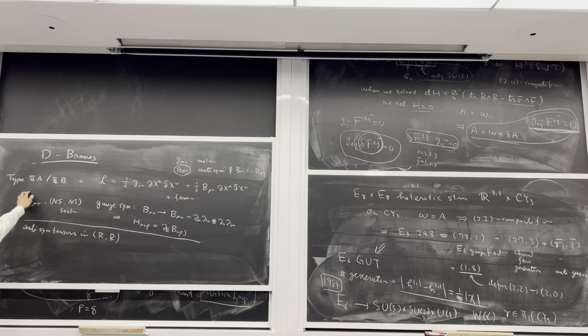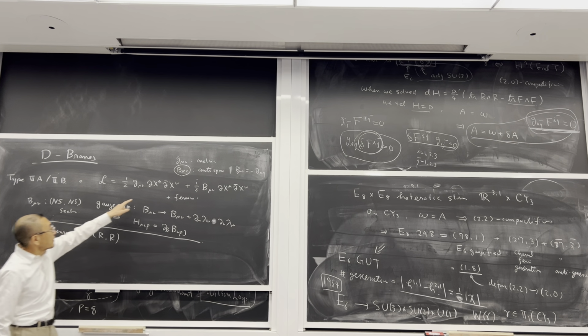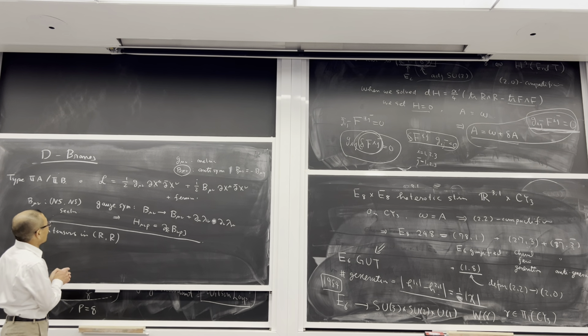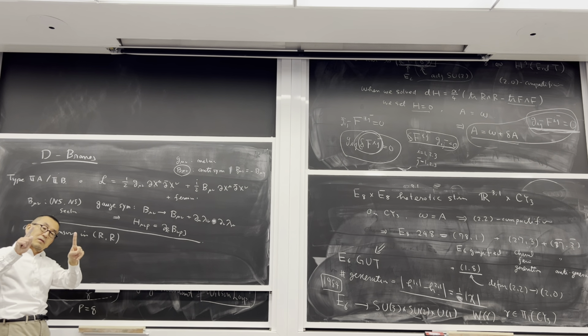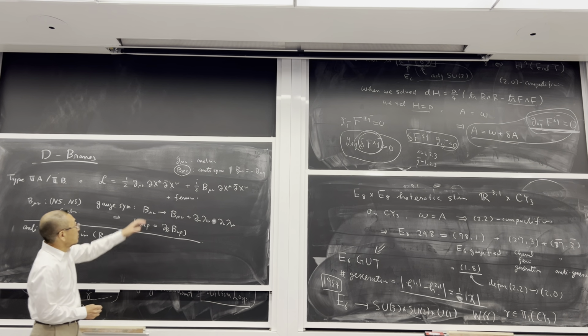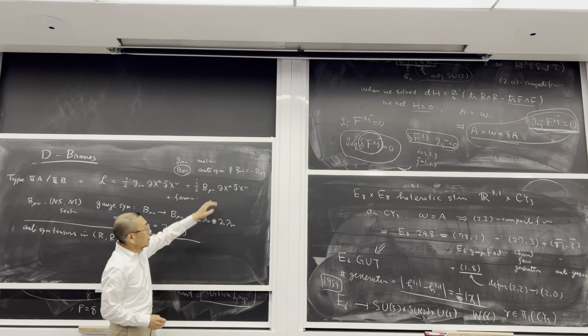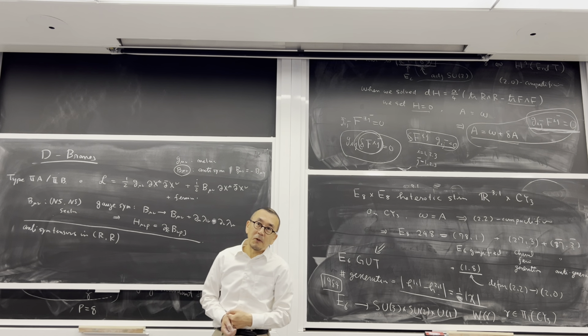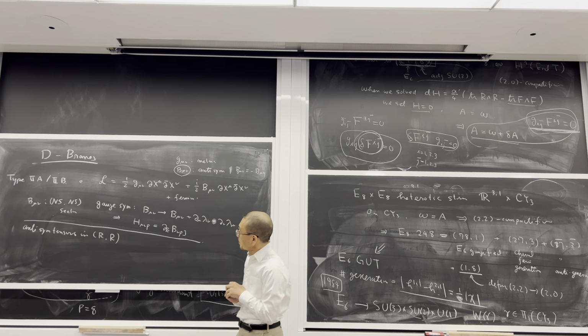If you remember this type 2 string construction, in the NS sector, the left mover gives you a vector and the right mover gives you a vector. So the massless sector of the NS sector is a bivector. If you have a bivector, you can decompose that into a symmetric part, an antisymmetric part, and a trace part. And they can be identified with the graviton, the antisymmetric tensor, and the dilaton. So there are three types of massless particles corresponding to the decomposition of the bivector.